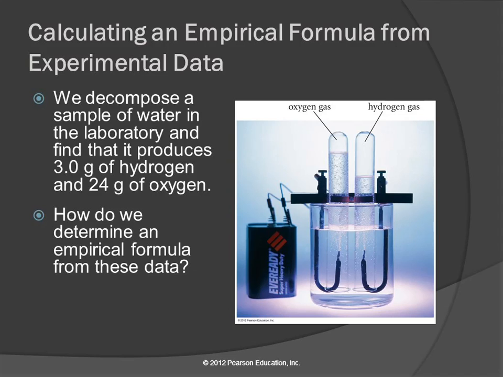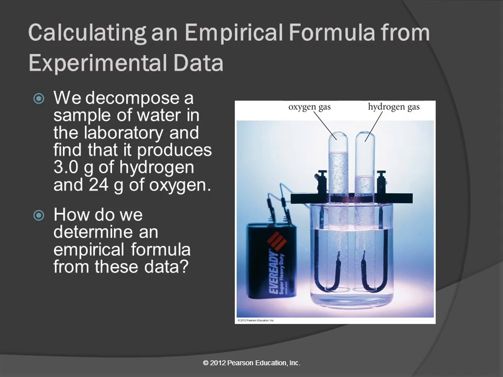And one terminal is generating oxygen gas, and one terminal is generating hydrogen gas. So you can decompose a sample of water in the lab, and you can measure the amount of hydrogen and oxygen that are produced. We've got 3 grams of hydrogen and 24 grams of oxygen.